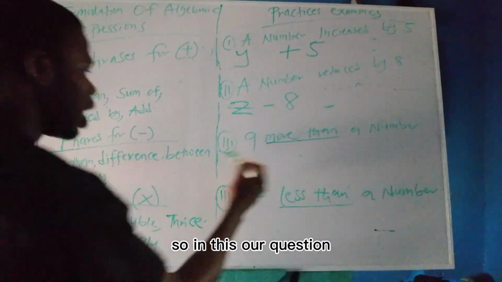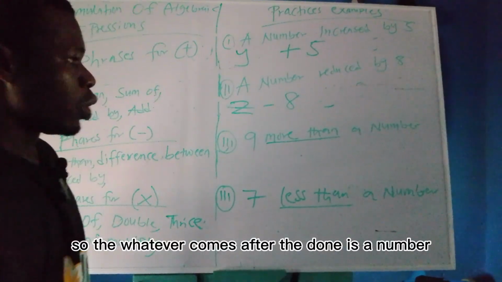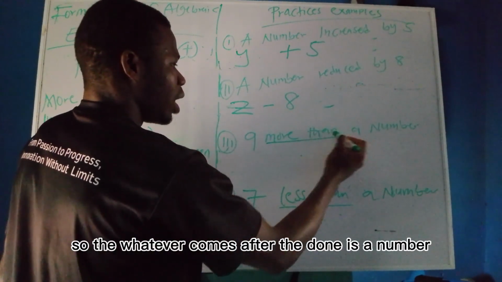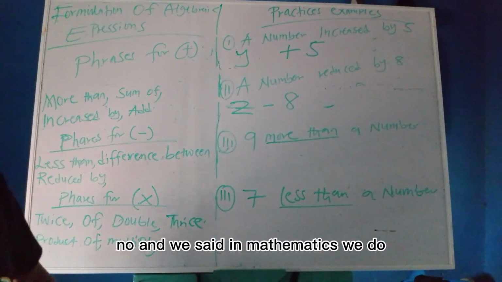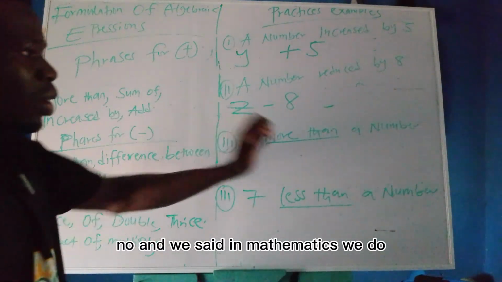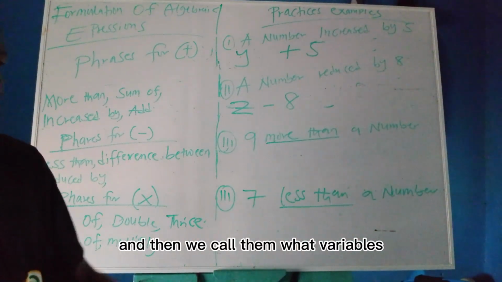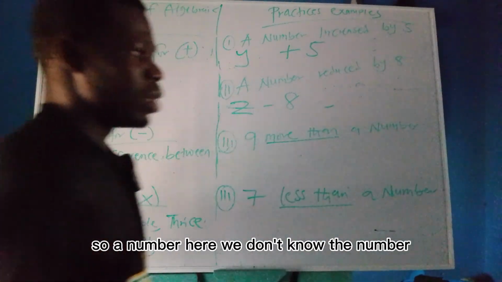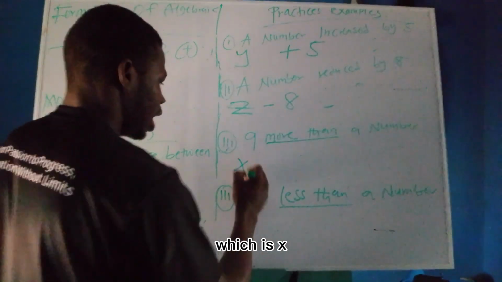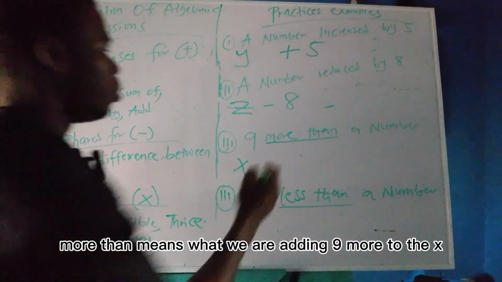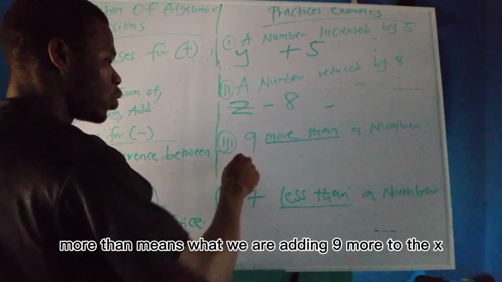In our question, they said 9 more than a number. So whatever comes after the word than is a number. What number? Do we know it? No. And we said in mathematics, we represent unknown numbers by letters, and then we call them variables. So we represent it by, let's say, x. More than means we are adding 9 more to the x.